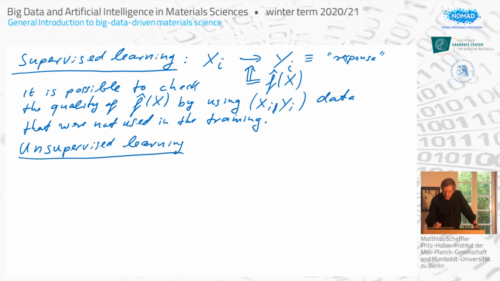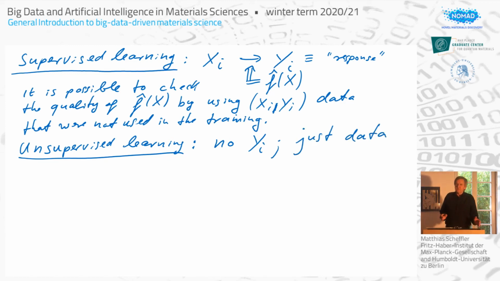But then the alternative, where we don't really have this possibility, is unsupervised learning. In unsupervised learning, we just have x, we don't have y. So we only have data and no hierarchy, if you want. So from x to y, I call this a hierarchy here. We don't have that. We just have data without any other information. But of course, that's actually still a very important issue, and many situations in machine learning and also in material science are of this sort.